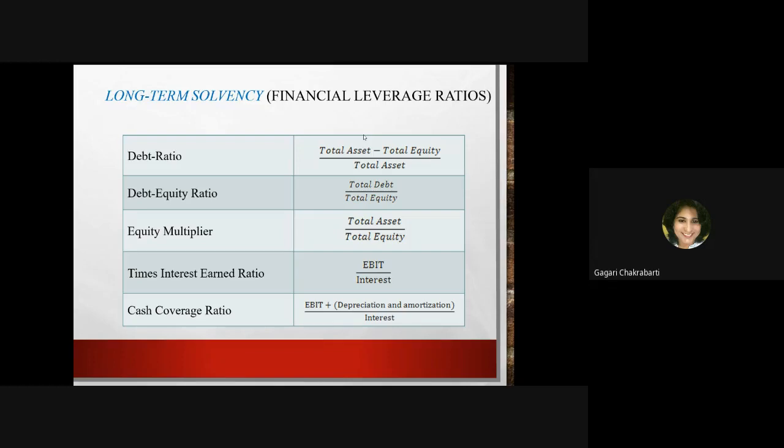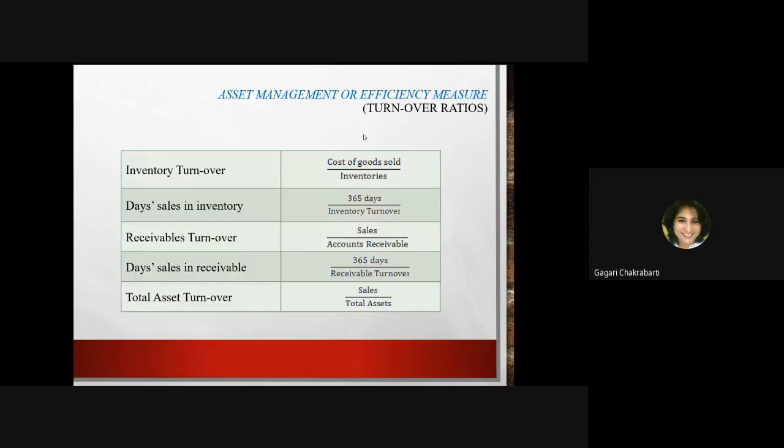So we are expanding the capacity of the firm a little bit. Instead of just considering EBIT, we are incorporating some other cash items into it also, so that depreciation and amortization will also be introduced there. Okay, so these are the two major areas that we have considered.